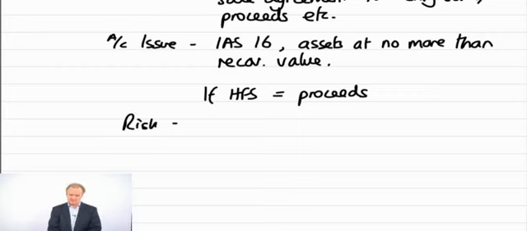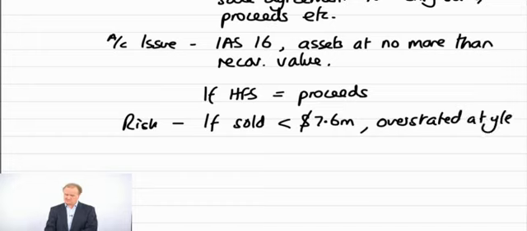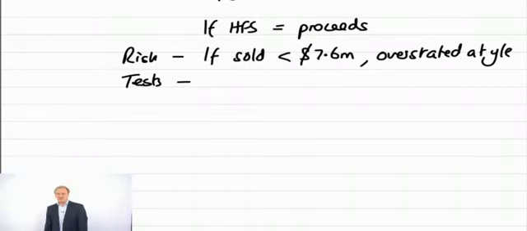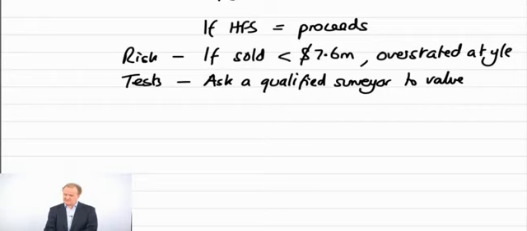Risk, if sold at less than 7.6 million, they would be overstated at the year end. Audit tests. How do you know how much those assets are worth? Well, I might ask a qualified surveyor to value the assets at the year end.